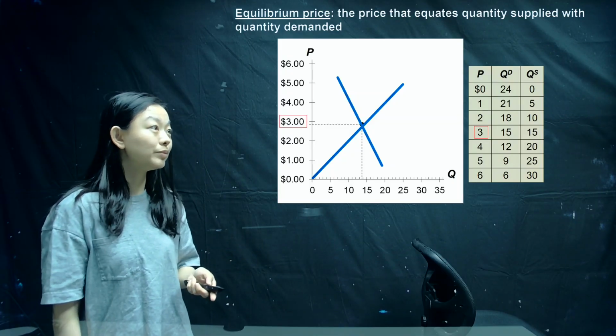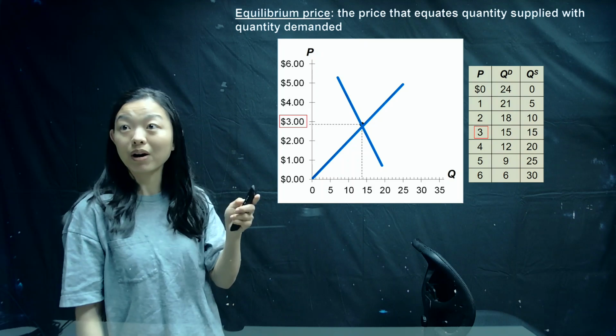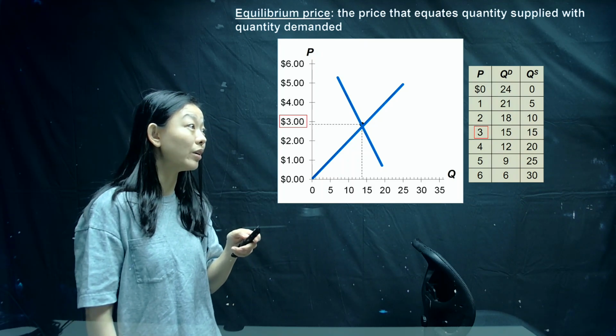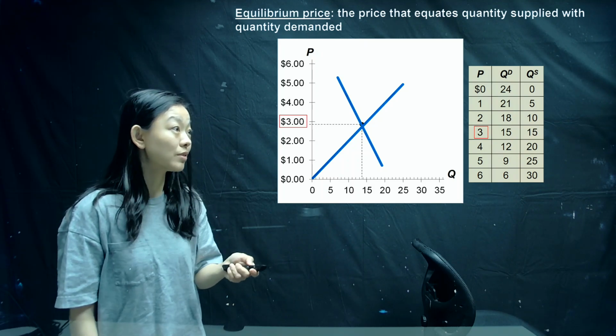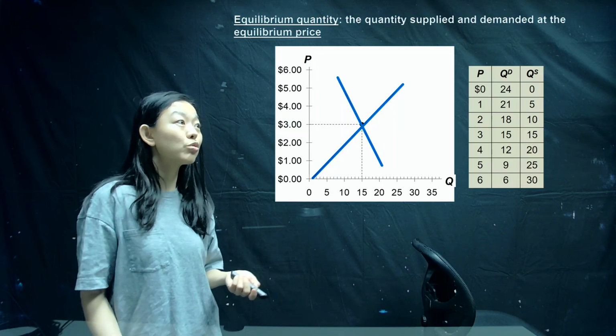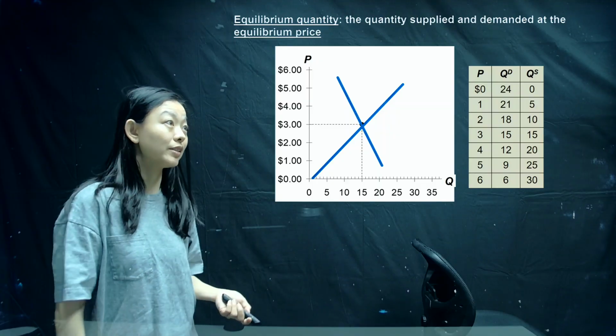So at $3, that is our equilibrium price. Correspondingly, we can find our equilibrium quantity, which is 15 units. The equilibrium quantity is the quantity at which demand and supply are equal to each other.